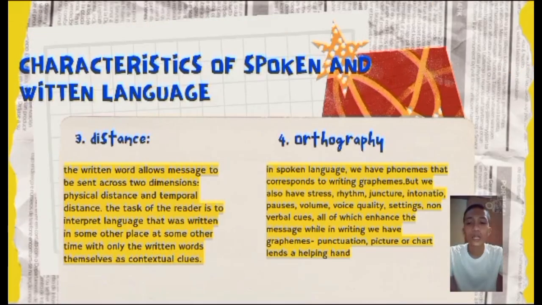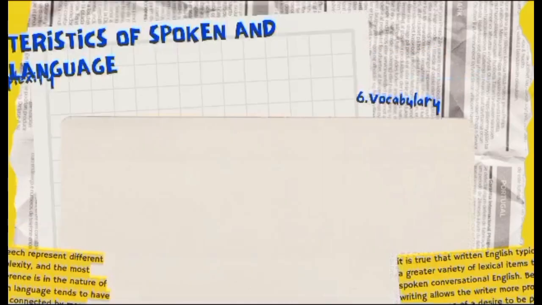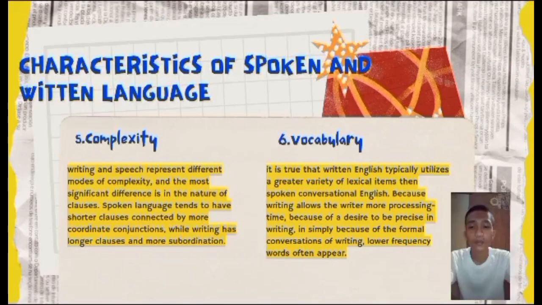The written word allows a message to be sent across two dimensions. Number 4. Orthography. In spoken language, we have phonemes that correspond to writing graphemes. 5. Complexity. Written and spoken language represent different modes of complexity.